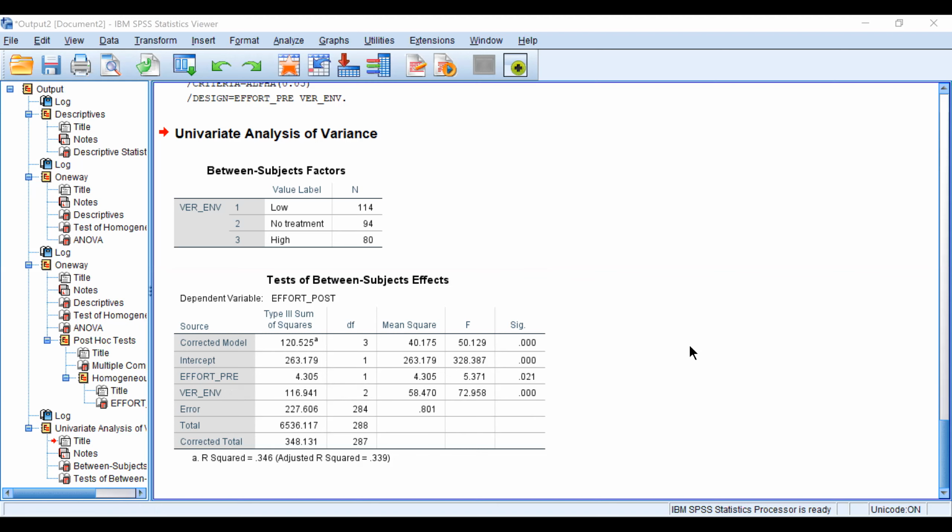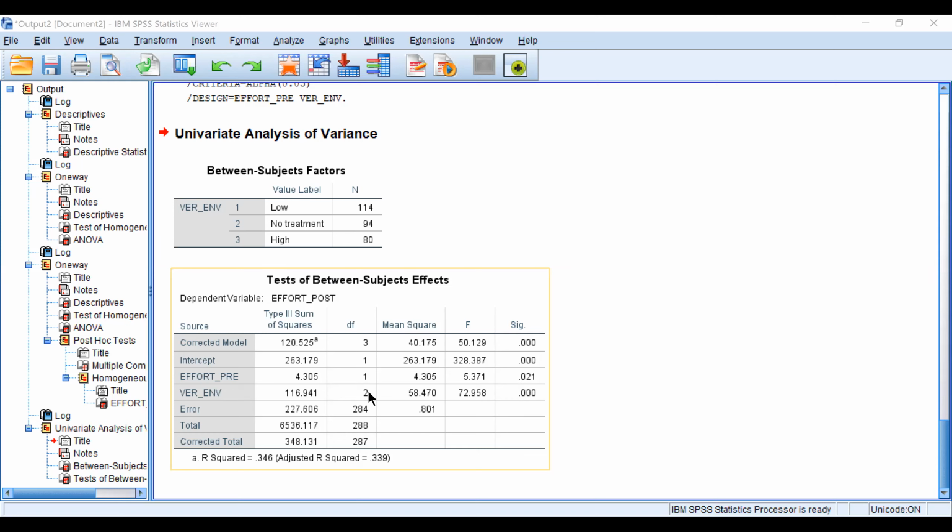This isn't something we're particularly interested in research-wise. We pretty much assumed that pretest was going to matter, so we were putting it in to control for variability due to background characteristics.